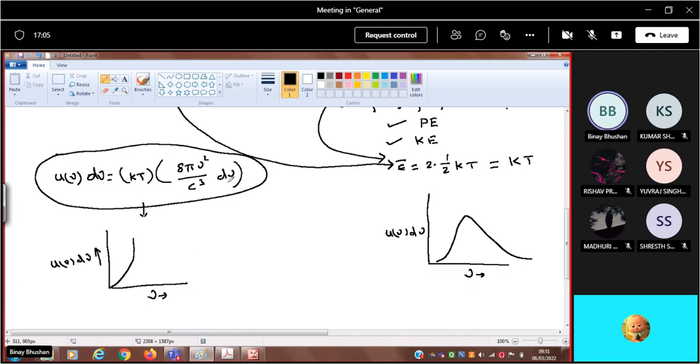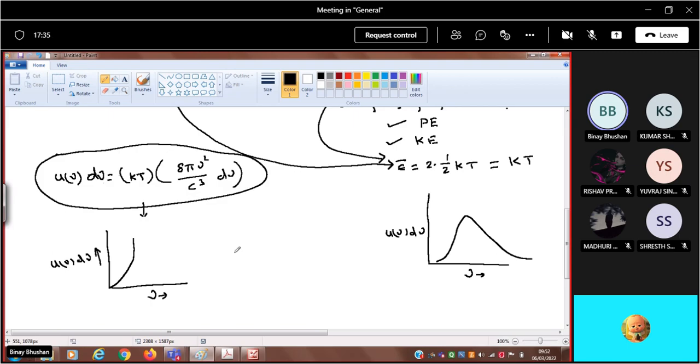No, d nu here is just associated with that frequency range, as the instrument will measure the energy density in a certain frequency range. Yes, sir. Got it. Fine. So we will get this.